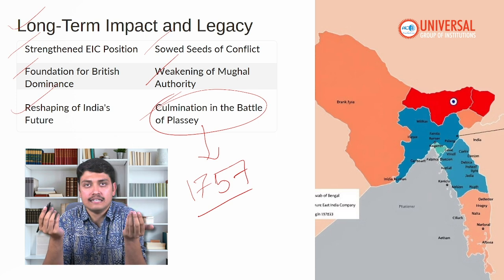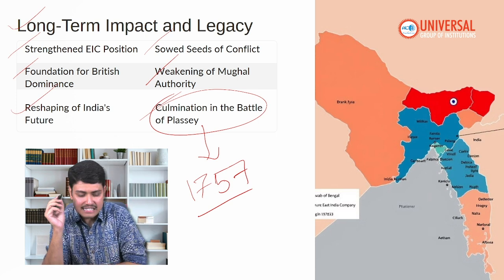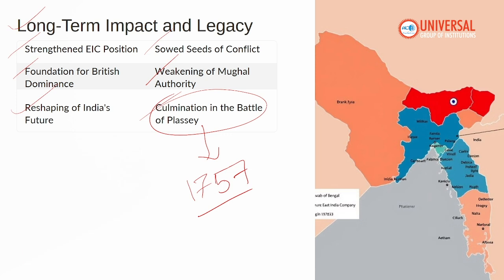This Farman of 1717 actually created a bedrock for the Battle of Plassey that was fought in 1757 between the English East India Company under the leadership of Robert Clive and the Nawab of Bengal, Siraj-ud-Daulah.